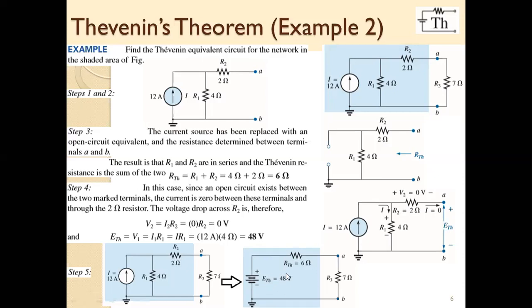We know the ETH value is 48 volt and the RTH value is 6 ohm. So we just place it in the manner the theorem says, and then place the external part in its original position. So that's all for this problem.